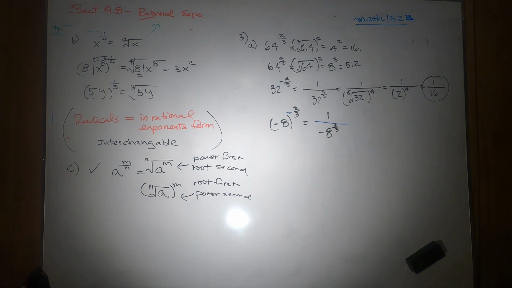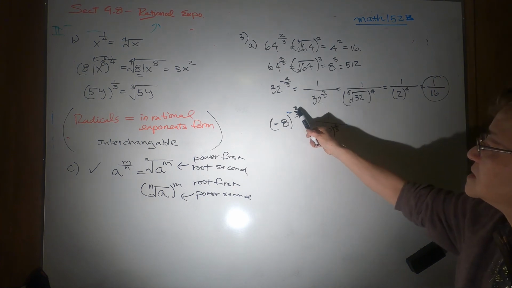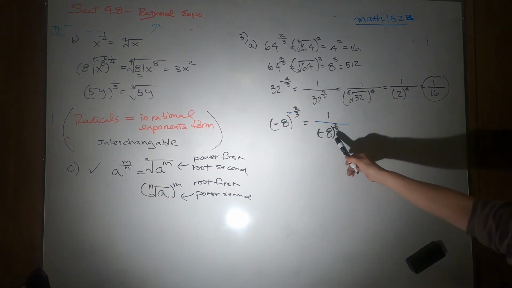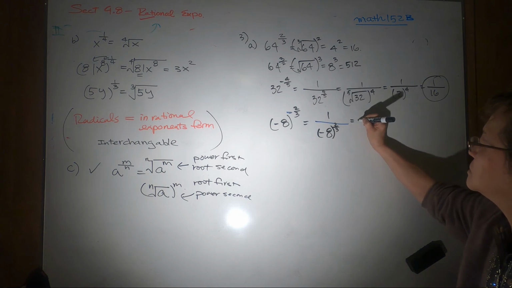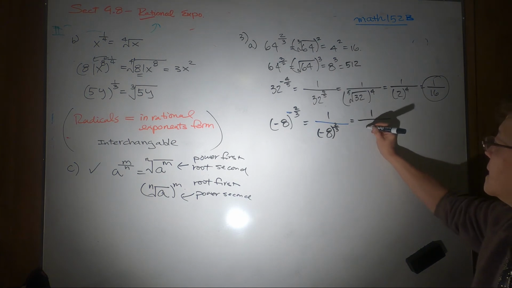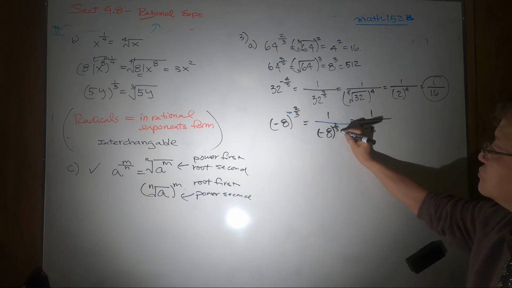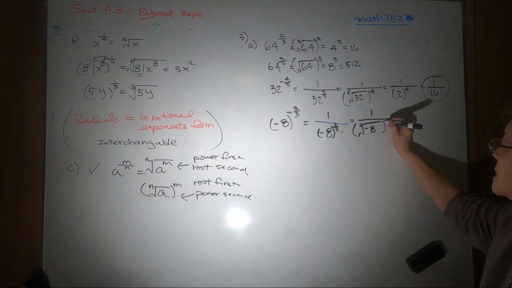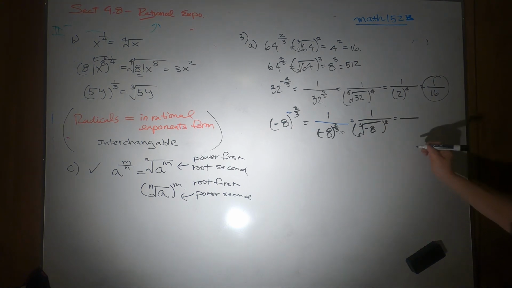Not really. Why? Because for the 2/3 power, the whole thing is the base and it is negative. Okay, that's a real negative number. So what would you do? Okay, so you do the cube root first, then you take the power. Then the cube root of negative 8 is what?